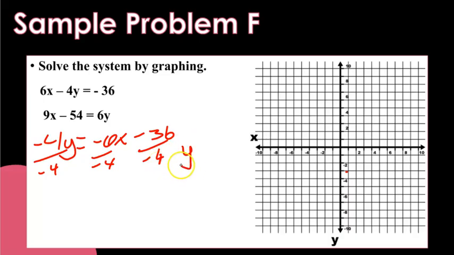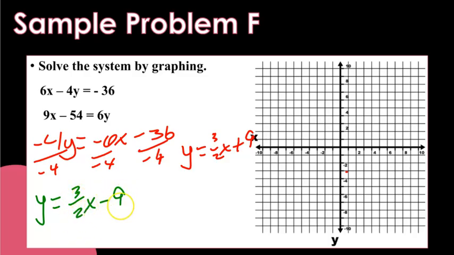That leaves us with y is equal to 3/2 x plus 9. And the other one, divide everything by 6, and I'm left with y is equal to 3/2 x minus 9.